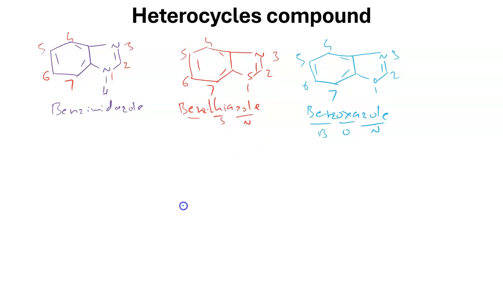There is one more example of a fused heterocycle where there are 2 benzene rings attached to a ring containing nitrogen, which means it is having a pyridine ring in between, and the 2 benzene rings are attached with this.